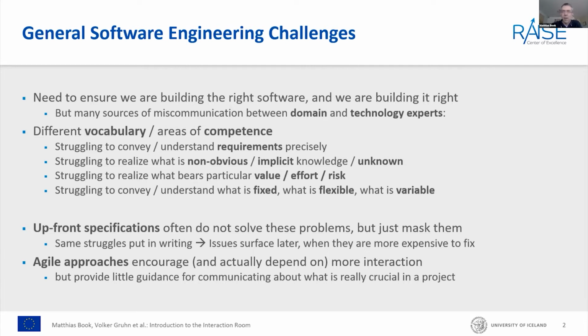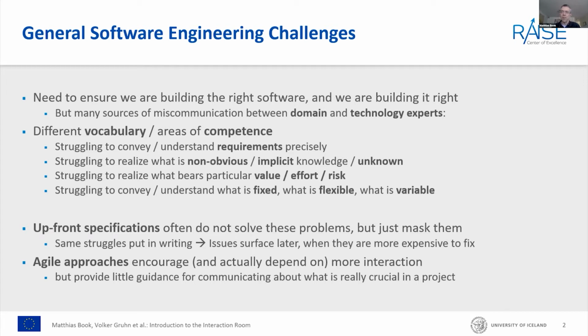People then came up with the agile approach, where they said, well, okay, so if big written specifications don't work because people don't put in there what's necessary and people don't read them at the right point in time, let's just do away with the big formal specifications and work in a more agile fashion, where we are interacting a lot, where we have a lot of feedback loops that make sure that people are constantly like talking about the issues at hand, which is already going in the right direction, but it still provides very little guidance for communicating about what's really important.